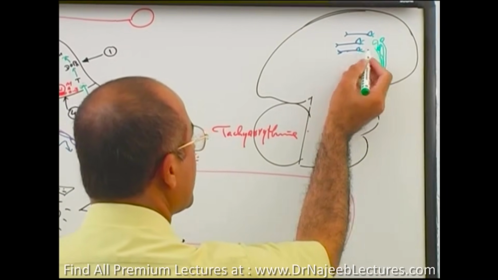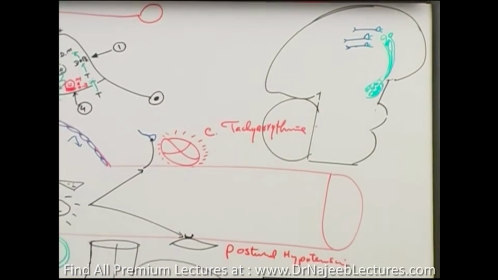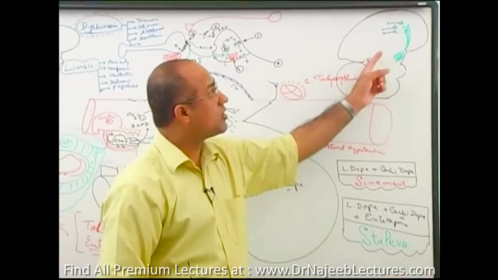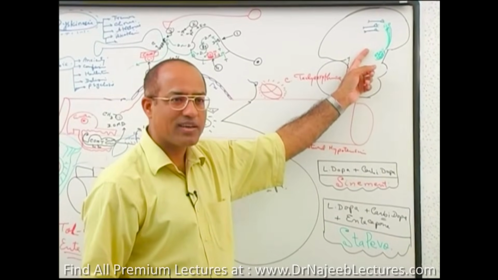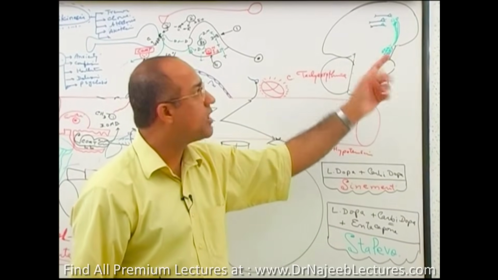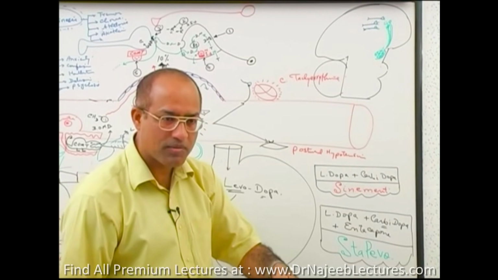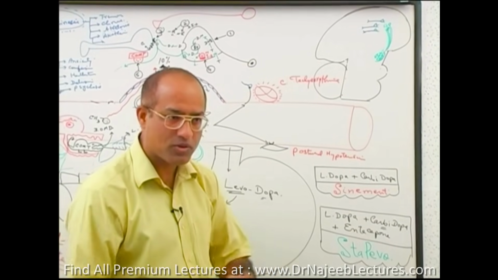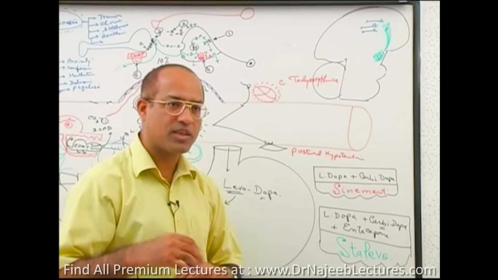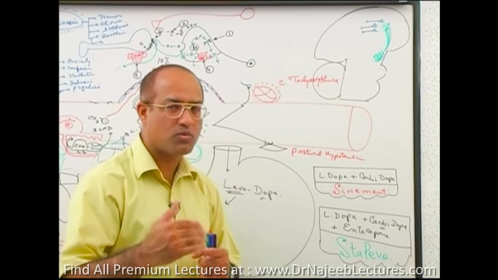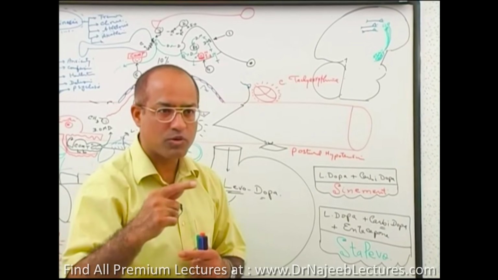Actually, due to the sudden on-off situation with levodopa, naturally when the peak level of levodopa comes, dopamine is excessively released. When the trough level of levodopa comes, of course in the blood from the GIT, when you take the tablet, within 1 hour there are peak levels of levodopa in the blood.